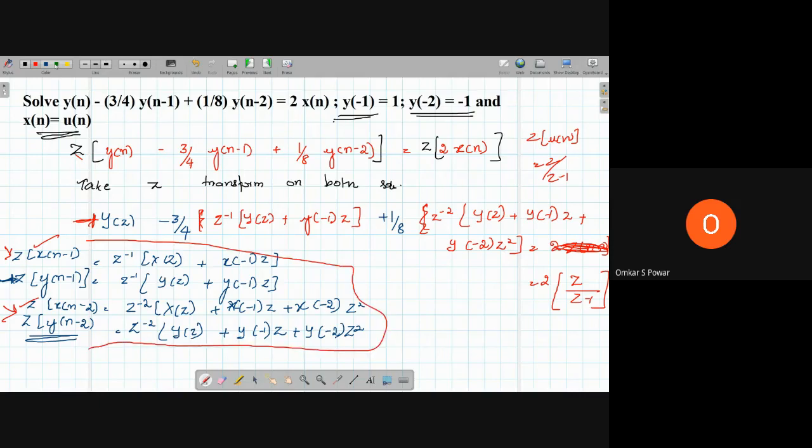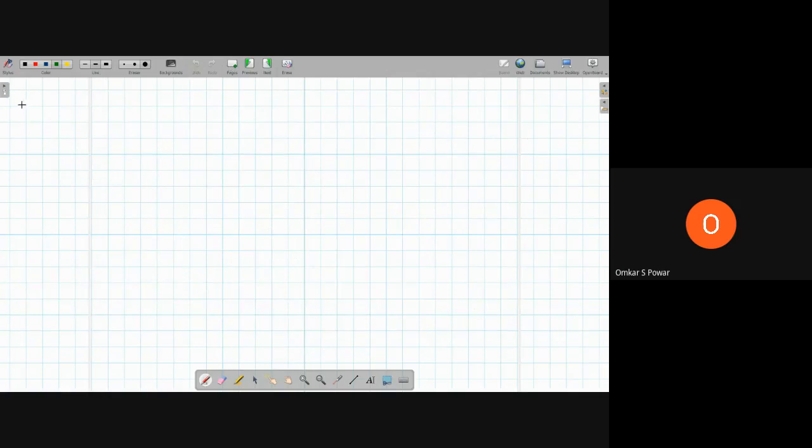Okay. So I'll write it here. Simplify further and take the values of y of minus 1 is equal to 1 and y of minus 2 is equal to minus 1. So that is for you to do. I'll directly write in the form of Y of z by z. So you have to write it in the form of Y of z by z.